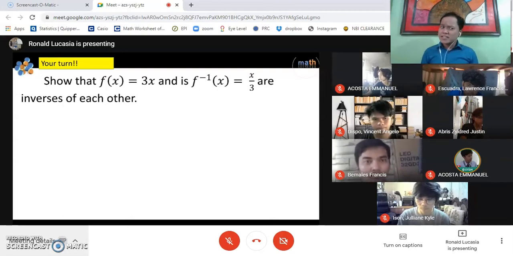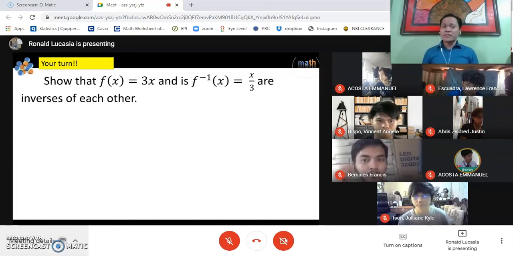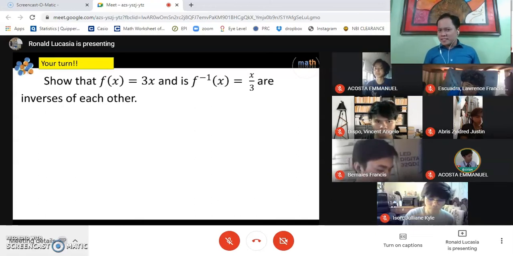There are many ways to show if two functions are inverses. You can use the definition or you can use the steps. Can we have Emmanuel? Emmanuel, what's your process, how did you solve?